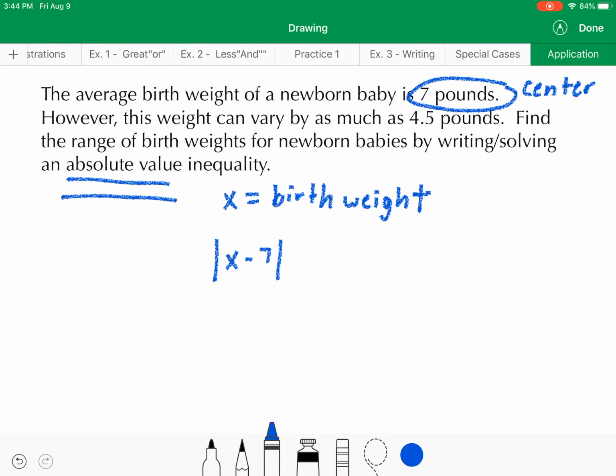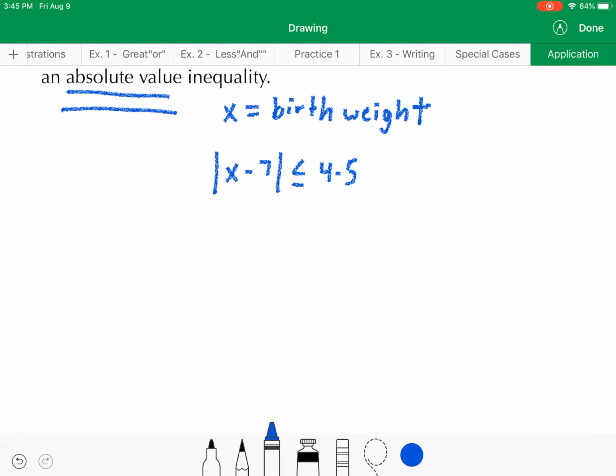That will require my inequality to be less than or equal to 4.5. Okay? Now let's solve. Split it up. There's your first case. Less than, think less and, your second case.